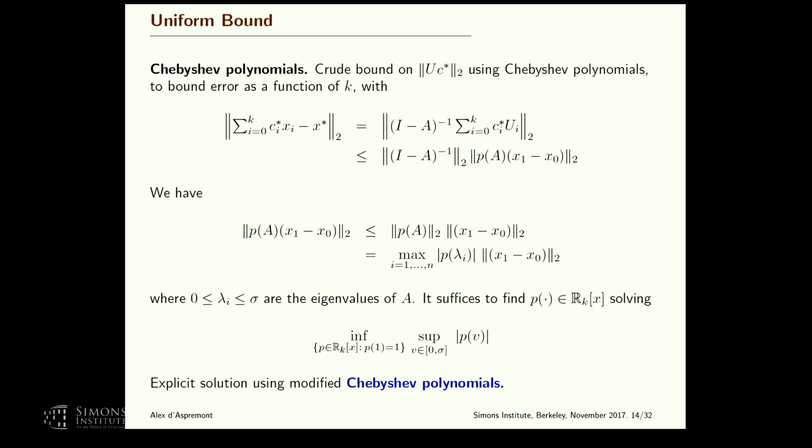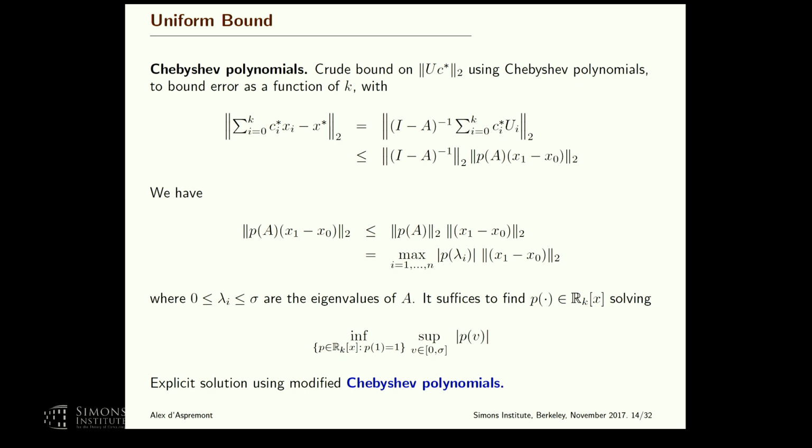Again, this quantity here is smaller than this, where this is the spectral norm of the matrix polynomial P of A. And again, this can be bounded by the max of P of lambda i times the 2-norm of this quantity, and lambda i being an eigenvalue of the matrix A, okay?